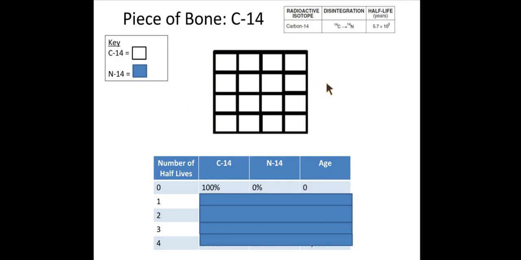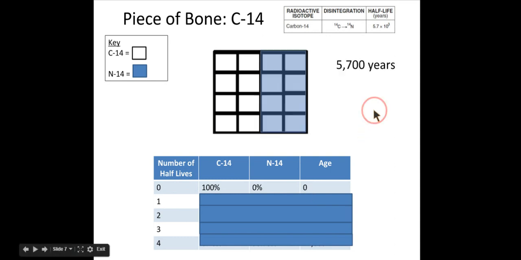So at 0 half-lives, this organism just died. We have 100% of the carbon-14, 0% N14, and the age is 0. So after 1 half-life goes by, remember that's 5,700 years, half of the carbon, or 50%, has decayed into N14, and 50% is still carbon-14.